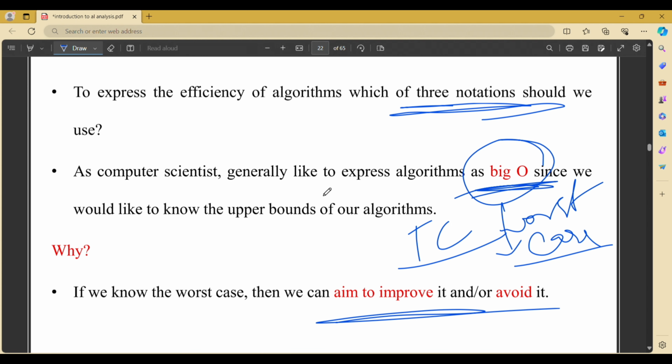If you know the worst case, it is easy to know the best case also. Remember this point: if they ask in which case the time complexity is calculated, it is always the worst case. If you know the worst case, then we can improve it and avoid it, to further levels so that we can get the best time complexity. Our aim is to find the time complexity in the worst case so that we can aim to improve it.